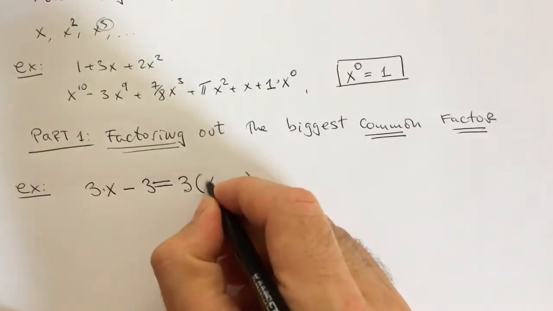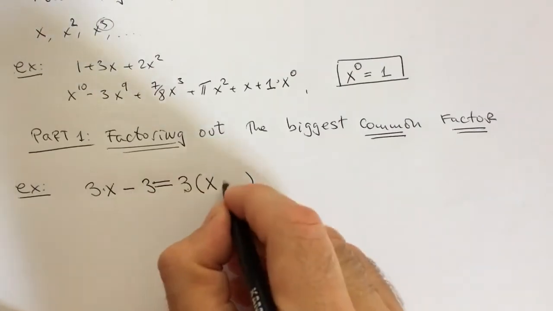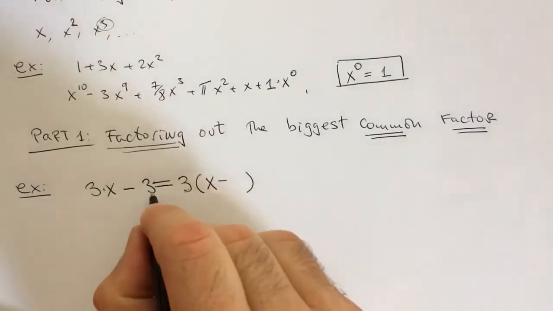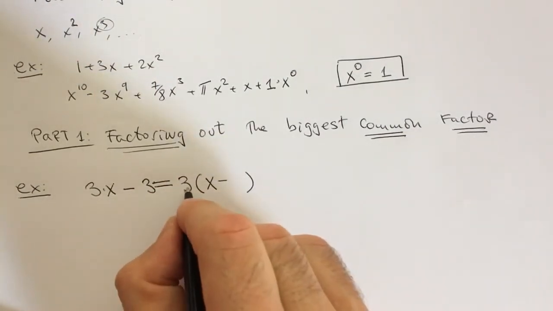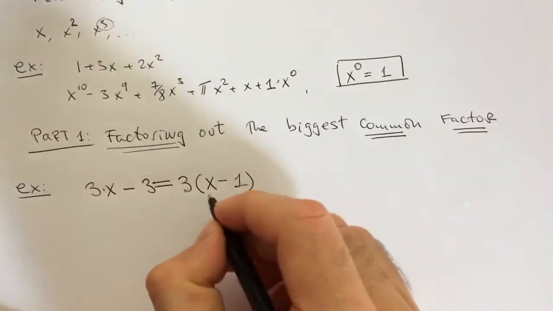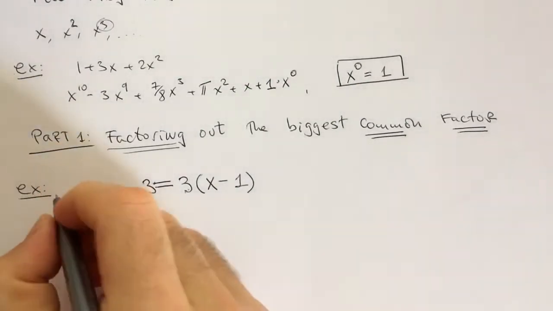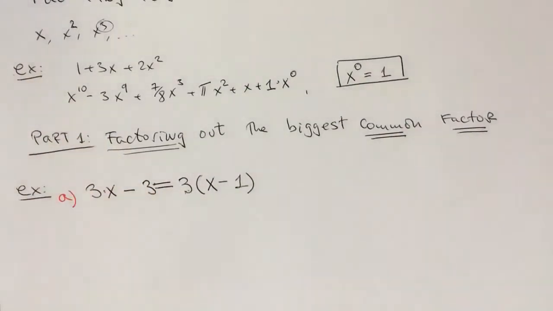Well, of course, that's x. Copy the sign, minus. With what do I have to multiply 3 in order to get 3? Well, 3 times 1 is 3. And that's how we have factored our first example. It was a very simple example.